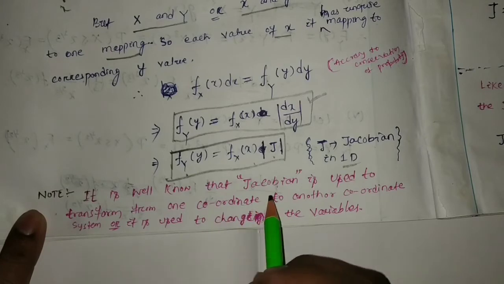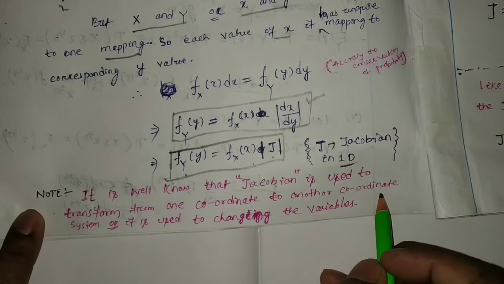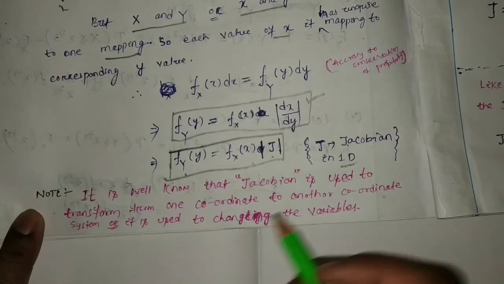Whatever you have studied in your previous semesters, we know very well that the Jacobian is used to transform from one coordinate system to another, or for changing the variable.